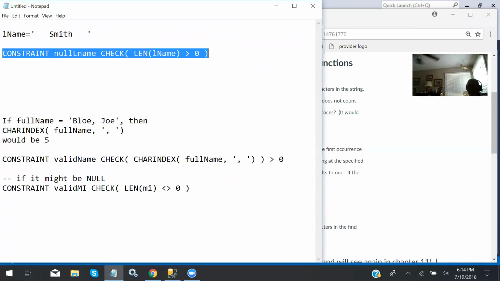So lots of times when I'm teaching this, I will say check that L name is not null, and then another one, check that L name is greater than 0.